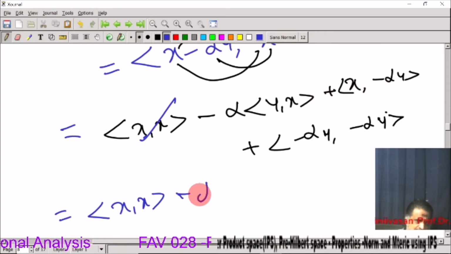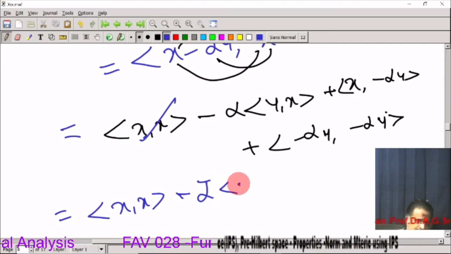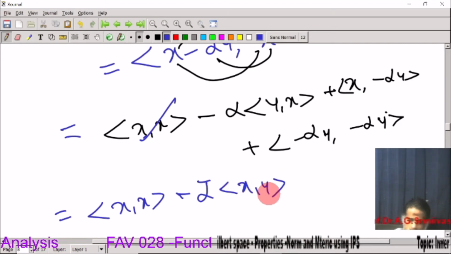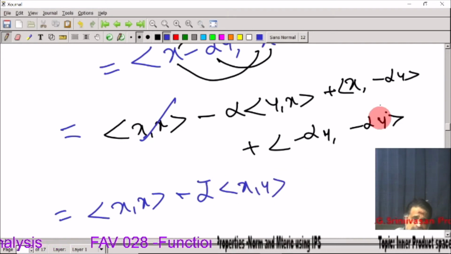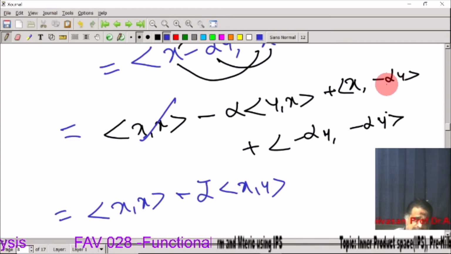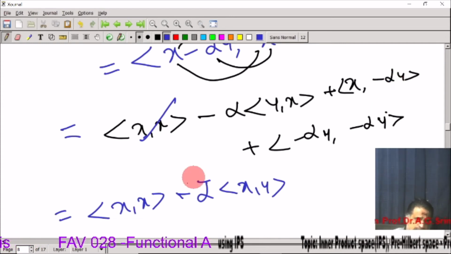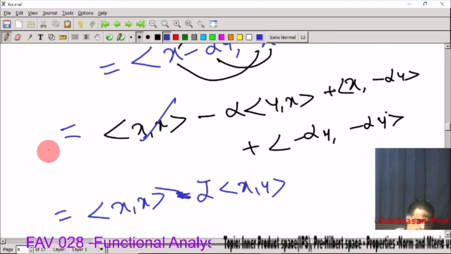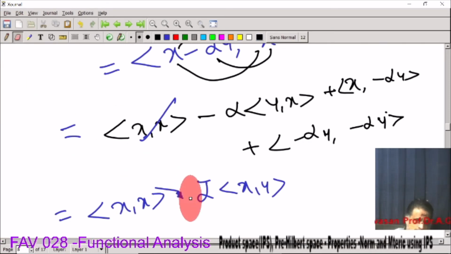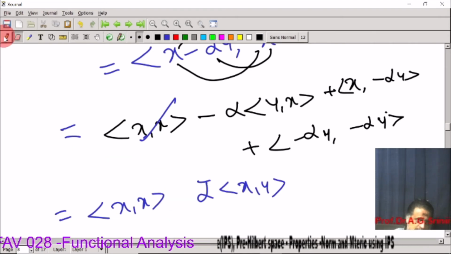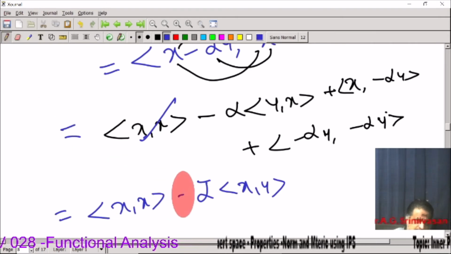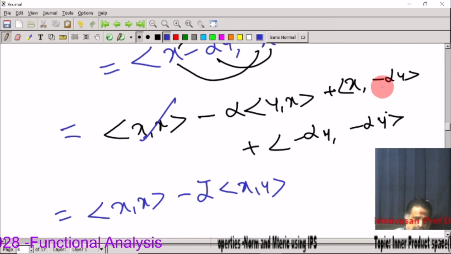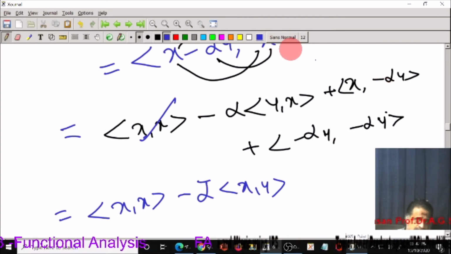So minus alpha bar inner product xy. Alpha is in the second component, minus of course is there. When you pull out, you will get minus alpha bar into xy. Okay. Next, so this is also over.